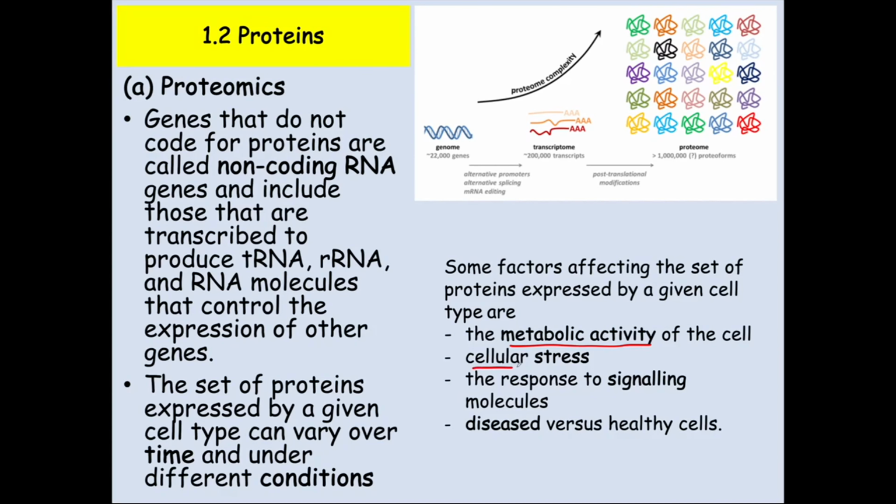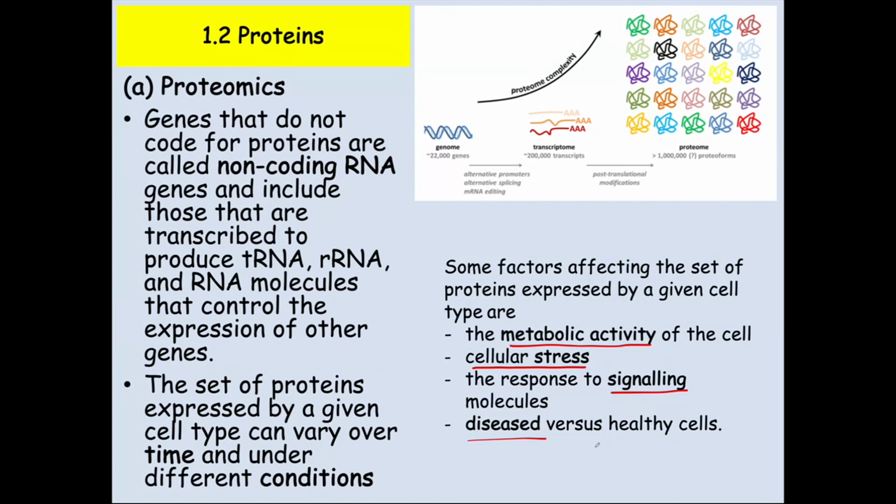Any cellular stress, okay, so depending on what stressors are impacting the cell, that will impact the proteins that are produced. Its response to signaling molecules, okay, and we'll learn a lot more about signaling molecules later in the course, and diseased versus healthy cells. So obviously, if a cell is diseased, that's going to affect the proteins that are produced versus healthy cells.